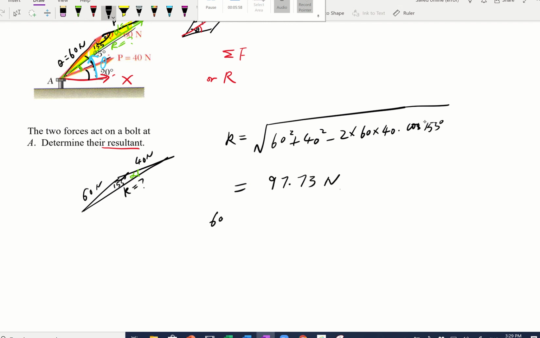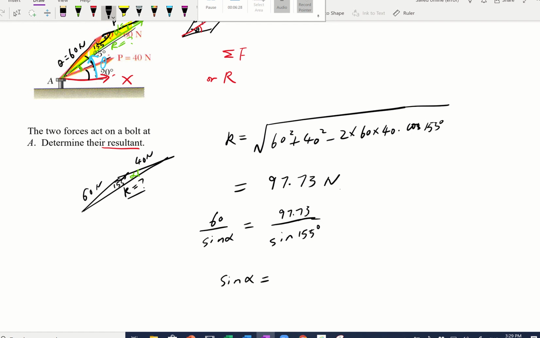So 60 over sine alpha is going to be equal to, now that we already calculated R, 97.73 over sine of the angle that's opposite to R, which is 155 degrees.